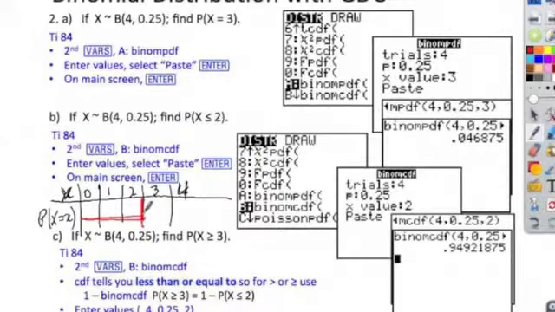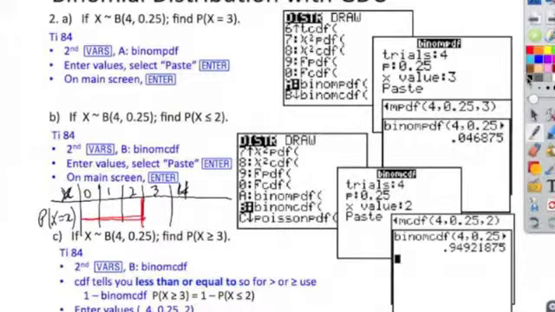The way I think of this is that it's cumulative. So we want to add up the probability of x being 0, the probability of x being 1, and the probability of x being 2. We want to add all those up. And so the function that we're going to use in the calculator is the binom CDF. It will accumulate these probability values and add them.